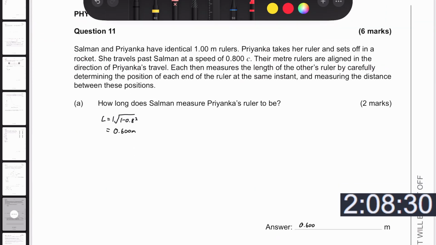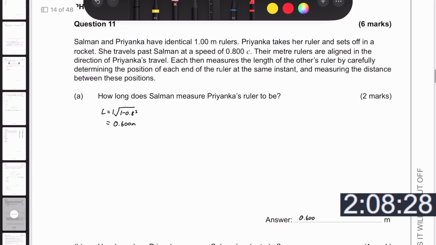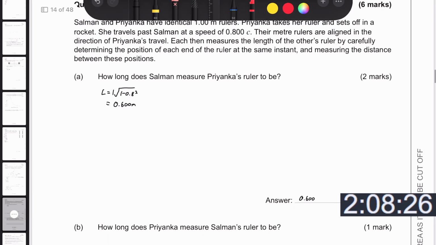The position of each end of the ruler at the same instant, measuring the distance between these positions.